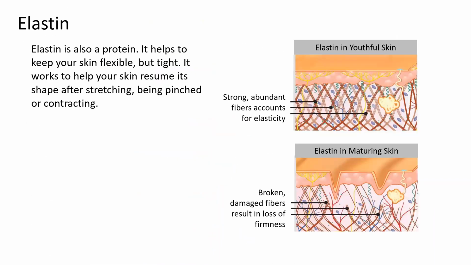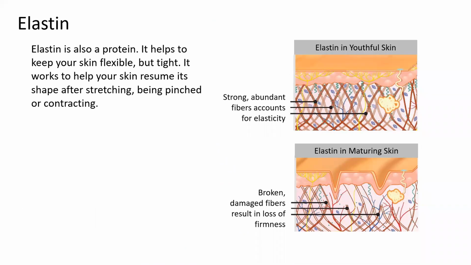Now let's talk about elastin. So elastin, it's also a protein, and it does help your skin keep very flexible and tight. So its whole reason for being is really to help your skin go back and retain its shape after stretching.